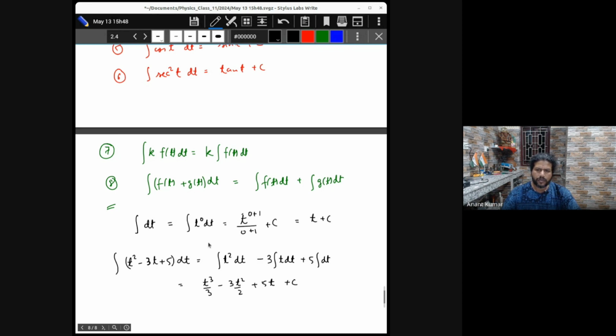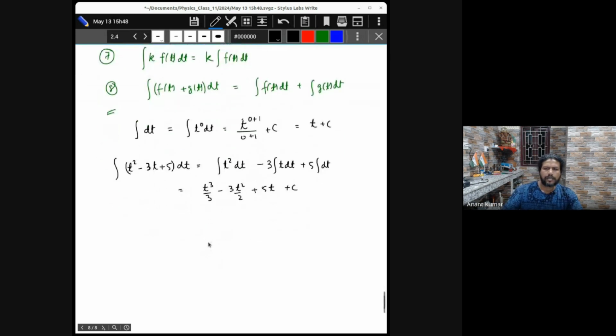Acha, let me show one special example of a definite integral. Suppose करते हैं कि we need to evaluate a definite integration.